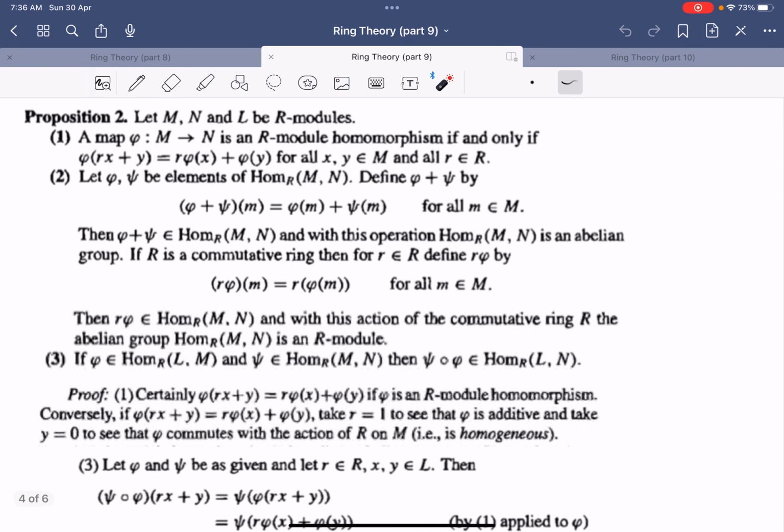And actually this shows that the group of homomorphisms is an R module.